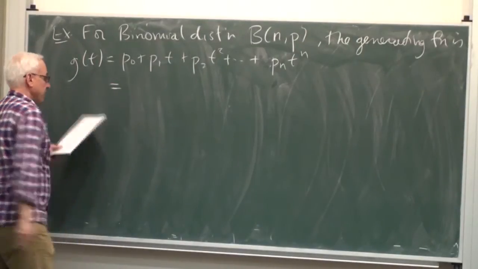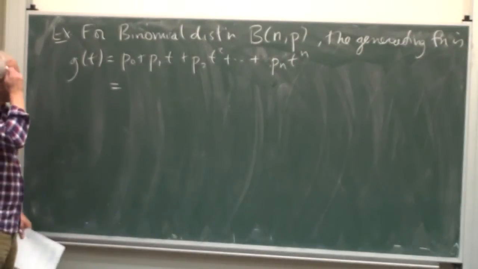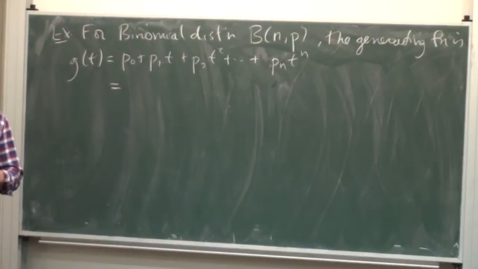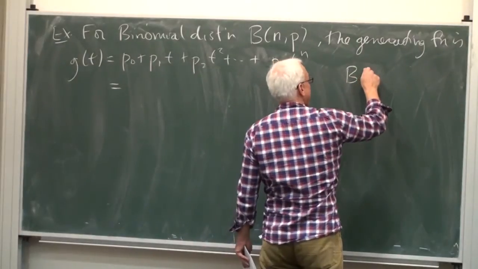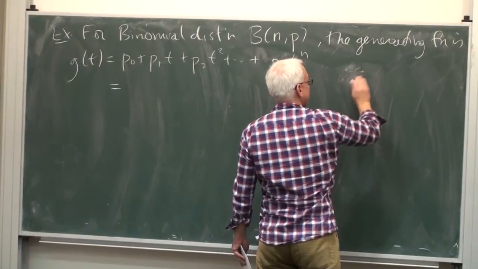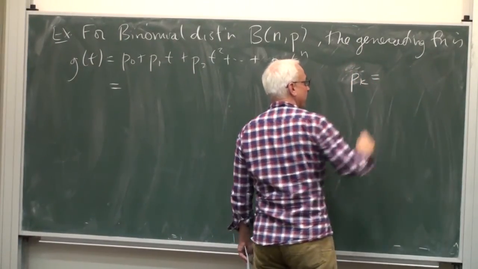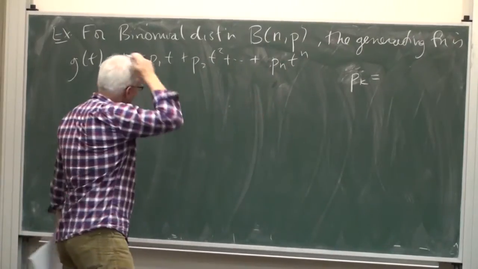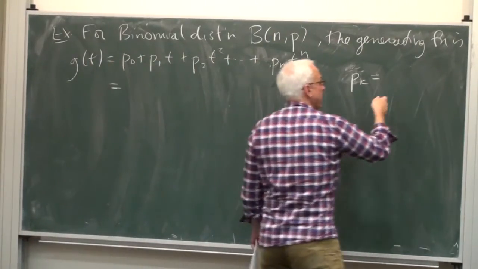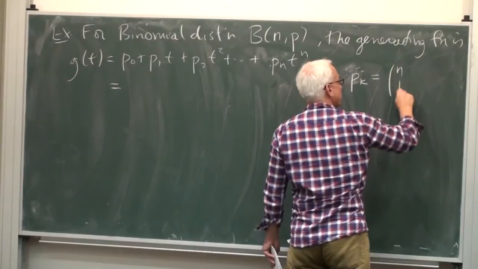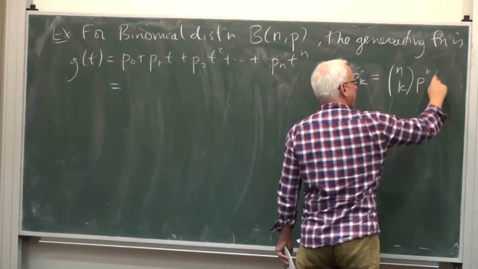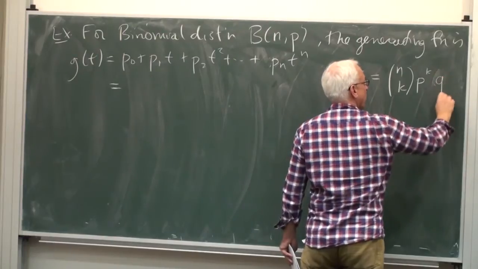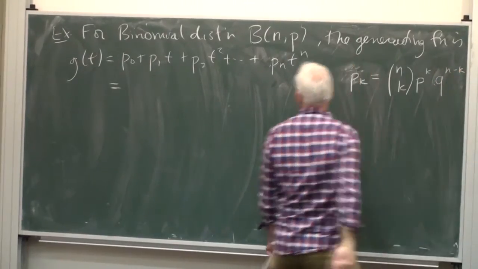Okay, so what is this thing? Well, we have to remind ourselves, what is the p sub k in this case? The p sub k is the probability n choose k times p to the k times 1 minus p, or q, to the n minus k.